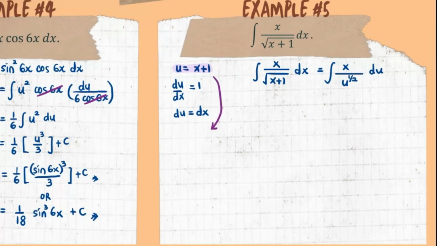Jadikan x sebagai subjek. So I get u minus 1. Okay. Dan u ini kita akan gantikan into our function here. Kejap saya gunakan purple. U minus 1 over u to the power of half du.